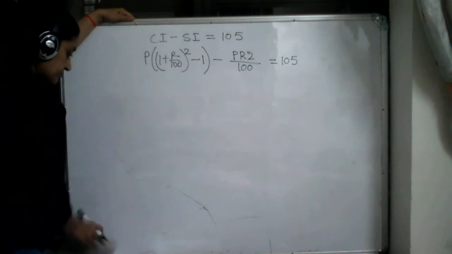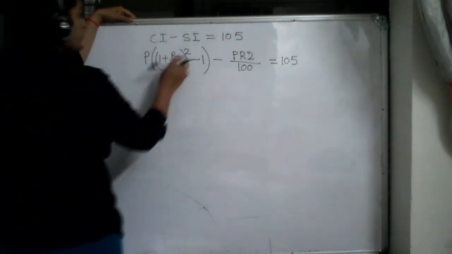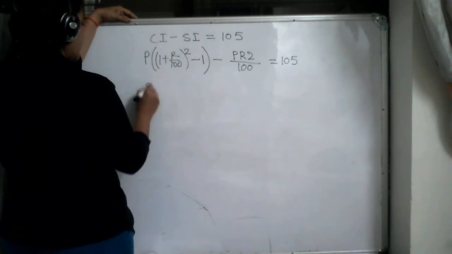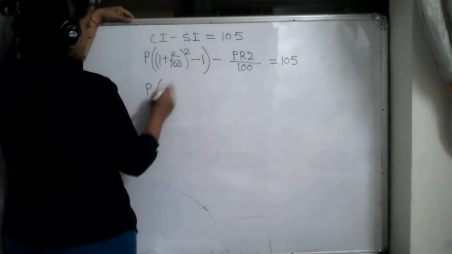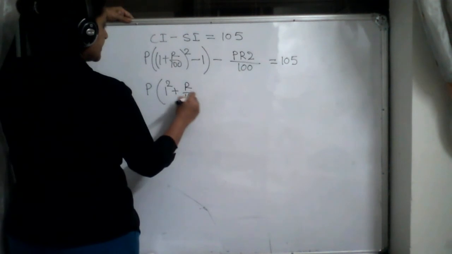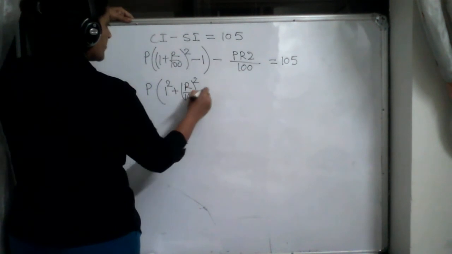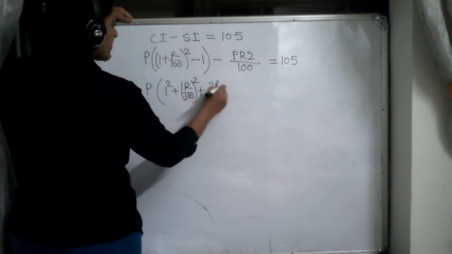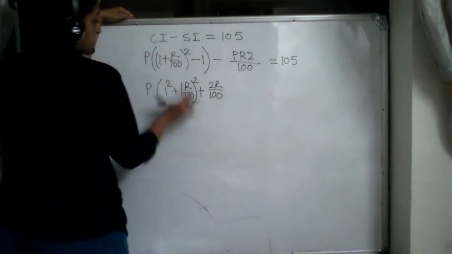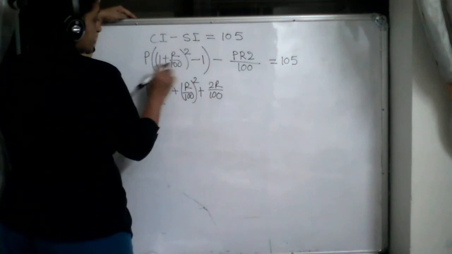Okay. Now what we are going to do is expand this as per (A plus B) whole square. P into bracket, what is A? 1. 1 square plus (R upon 100) square plus 2R upon 100. Why is it 2R upon 100? A square plus B square plus 2 into first term into second term.